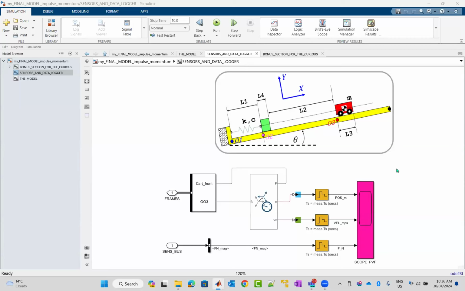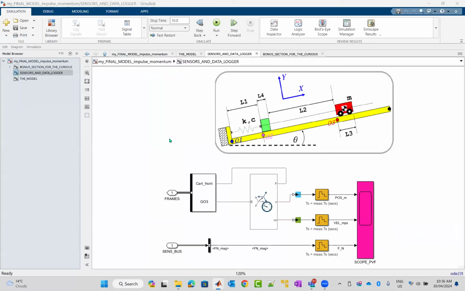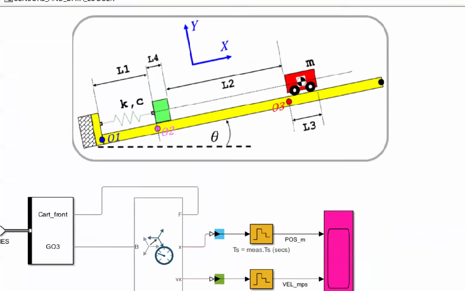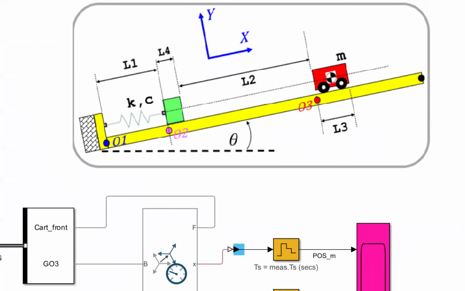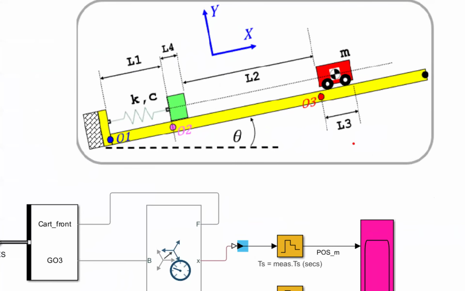Now let's have a look at some of the measurements that this model has been instrumented to make. So we're in this sensors and data logger section of the model. And just some things that I want to call out. The position and velocity time traces that I'm about to show you were taken from an inertial observer with origin O3.